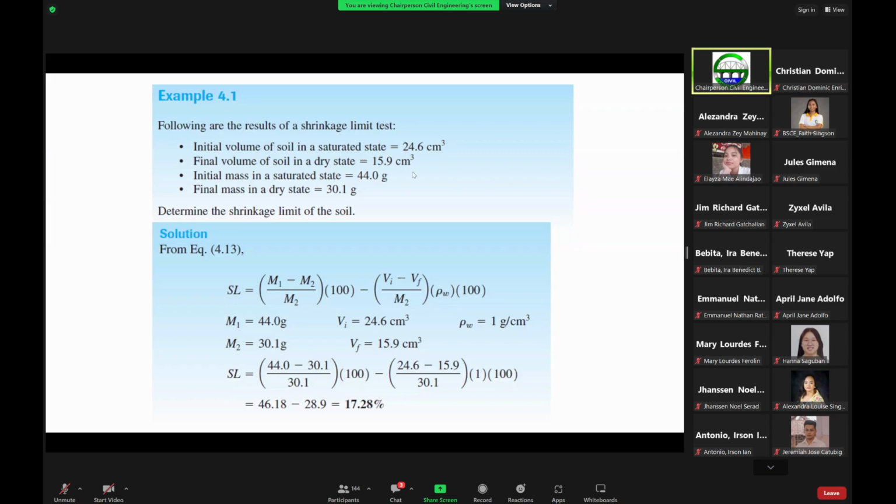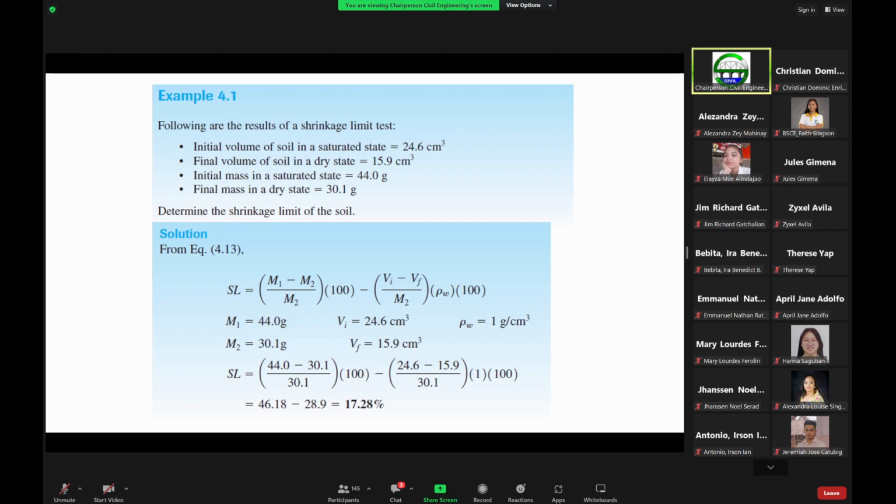And then the initial mass in a saturated state given by this value, and the final mass in a dry state given by this value. We are asked to determine the shrinkage limit of the soil.